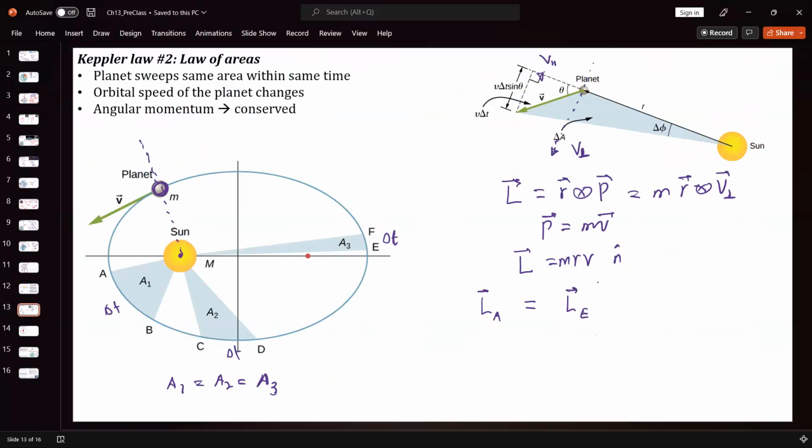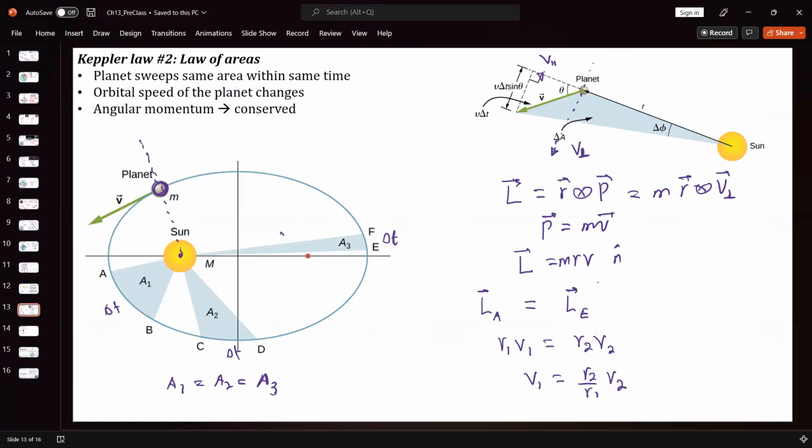So we can easily understand that r1 v1 at point A should equal r2 v2 at point B. What does that mean? v1 equals r2 over r1 times v2.